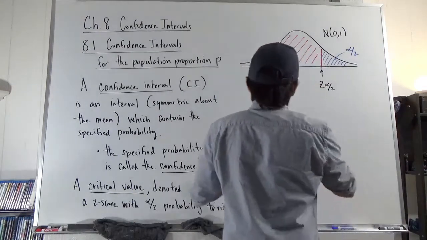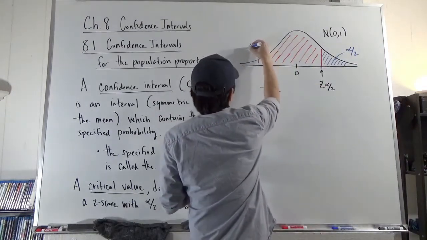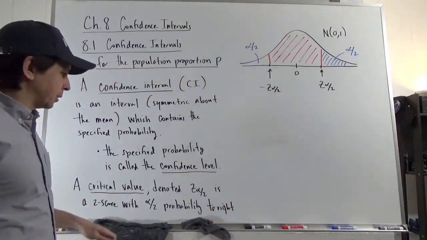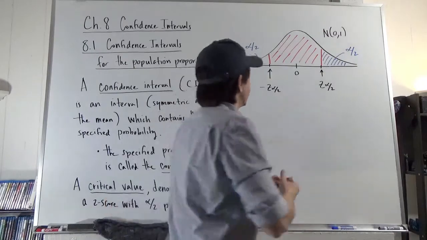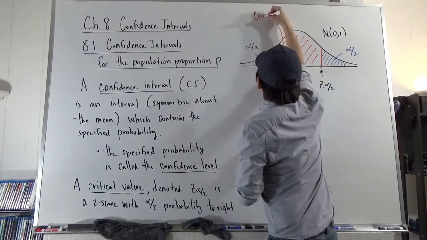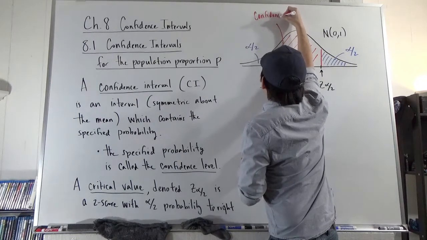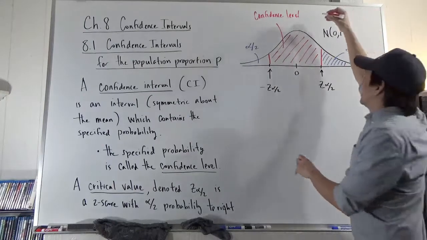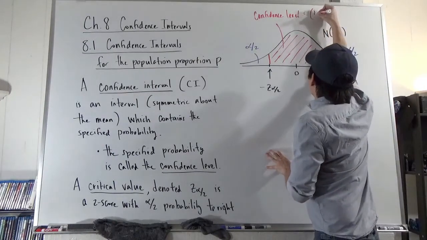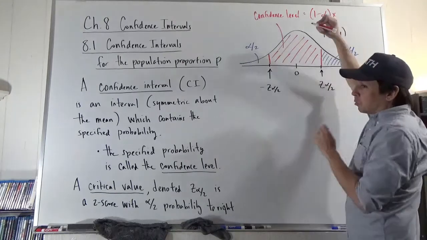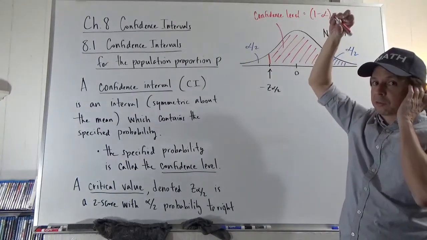It's symmetric, so that means its left tail has alpha over 2. Combined, that makes alpha in the two tails combined, which means your actual confidence level, which is a probability in red in the center, is 1 minus alpha. And oftentimes we'll refer to percentages for the confidence level. That's a pretty standard thing to do.